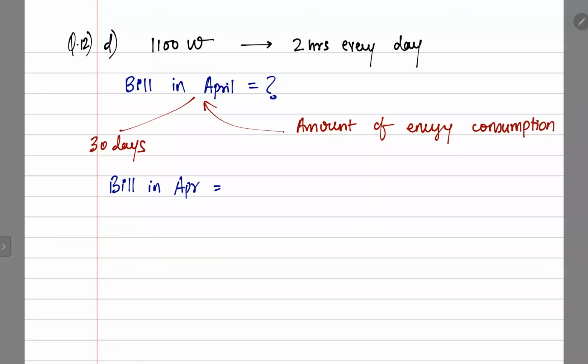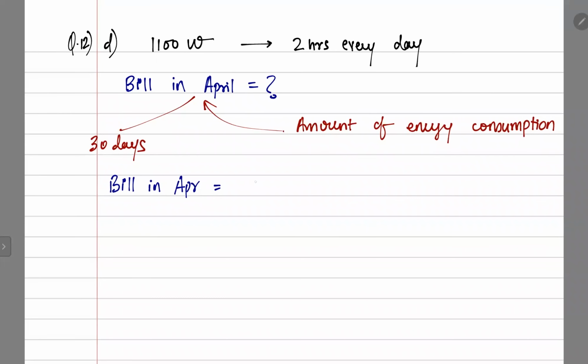Amount of energy consumed will be energy consumed in 1 day multiplied by 30 multiplied by the price of energy.